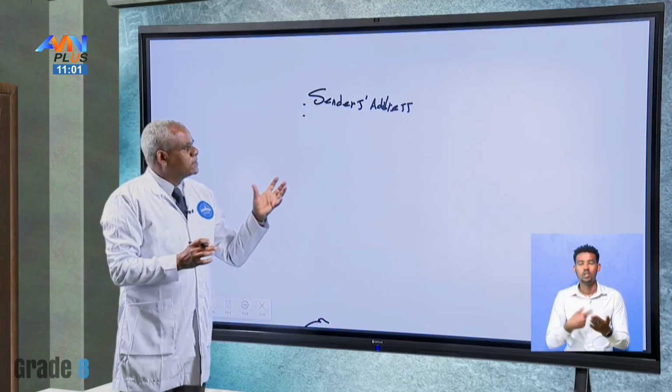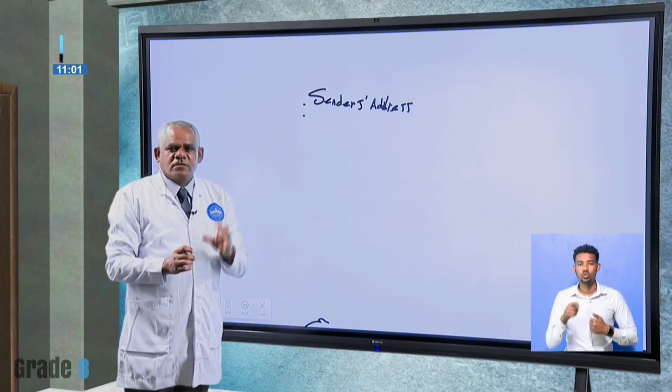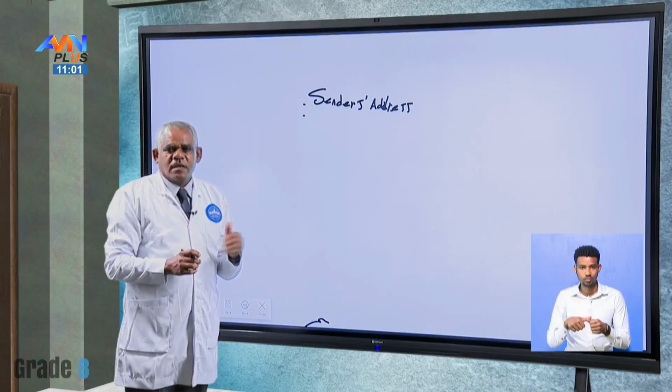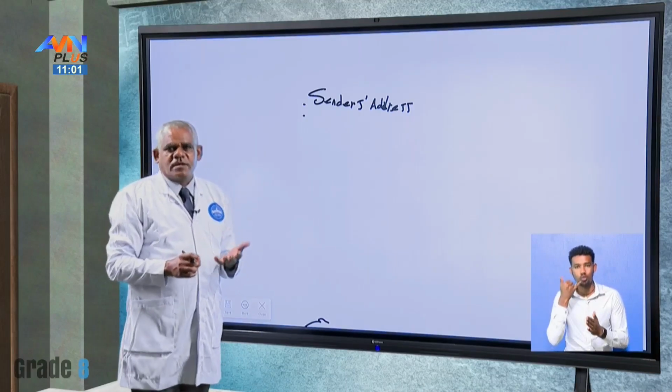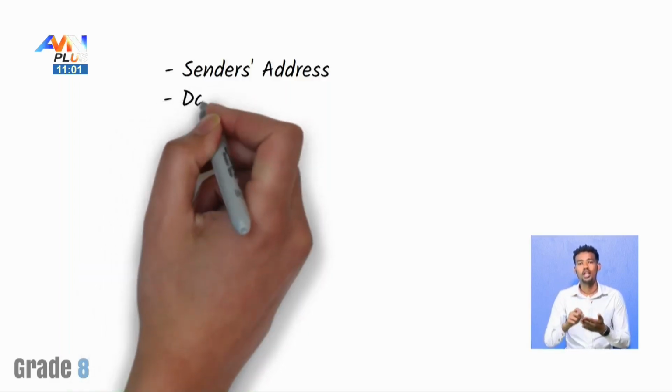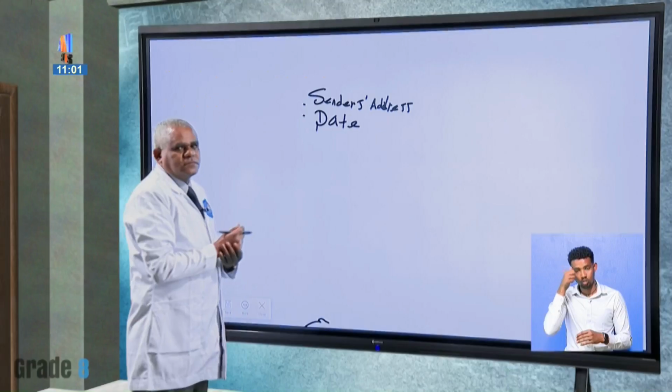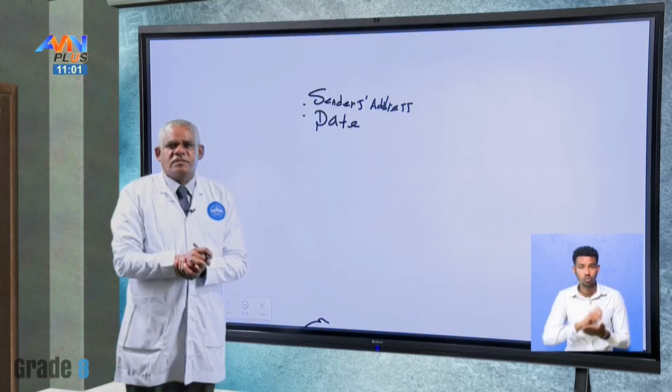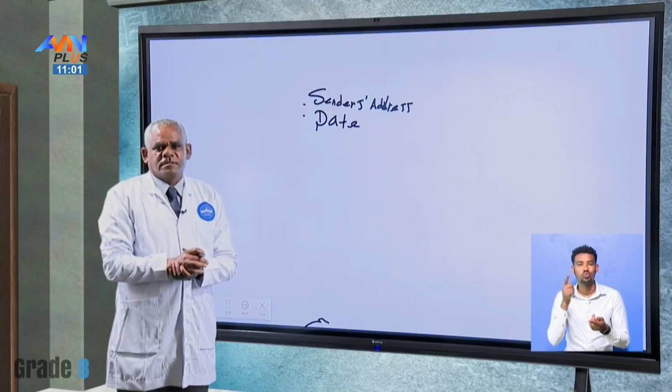In the sender's address, you have to consider a lot of things here: PO box, telephone, email, etc. Next to that, you have to write the date. Don't forget the date. When you write a letter to your friend, the date must be written.